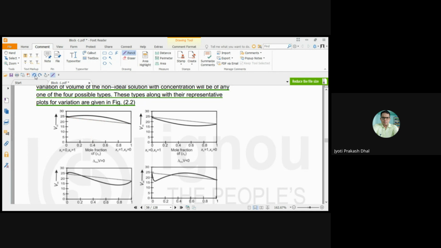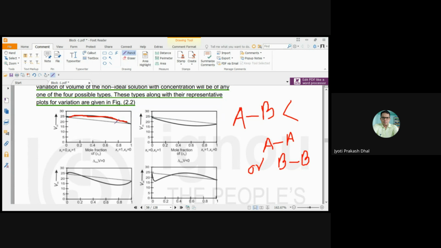That means if the interaction of AB is less than the interaction of individual AA or individual BB, then inside the solution the volume of the solution will increase from the ideal value.